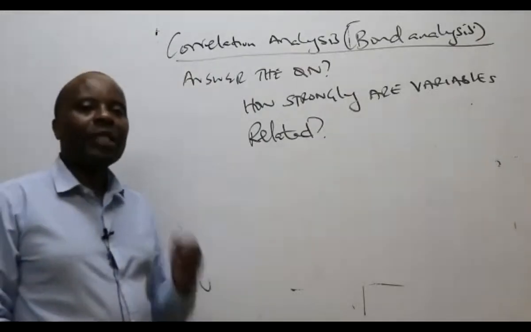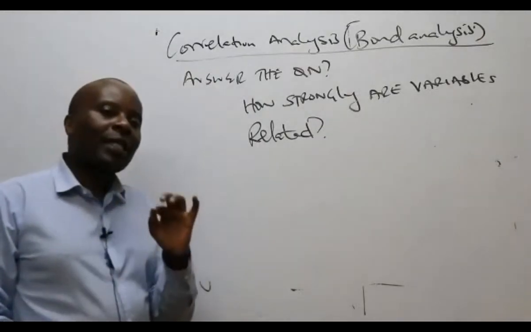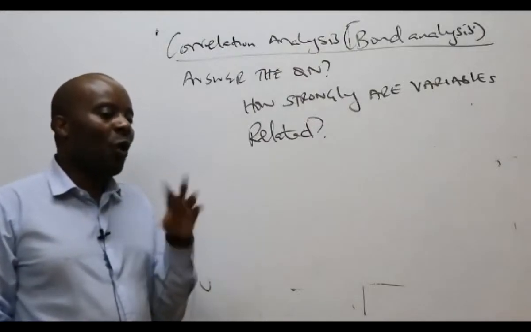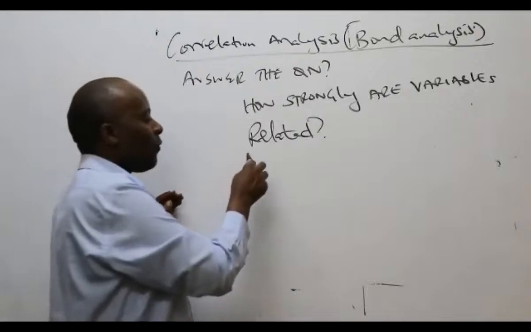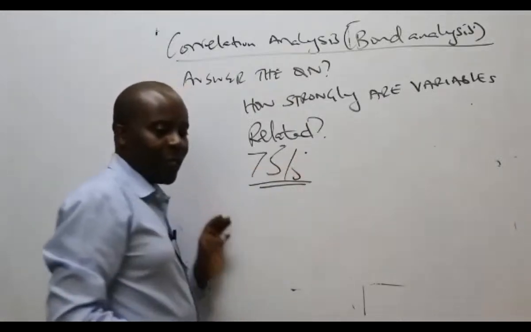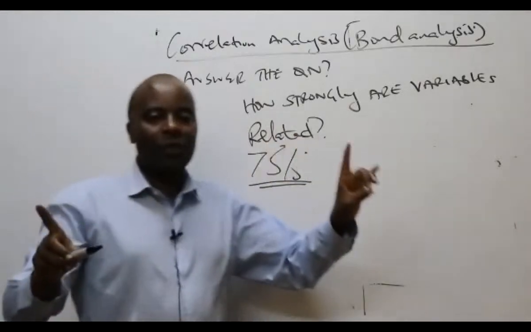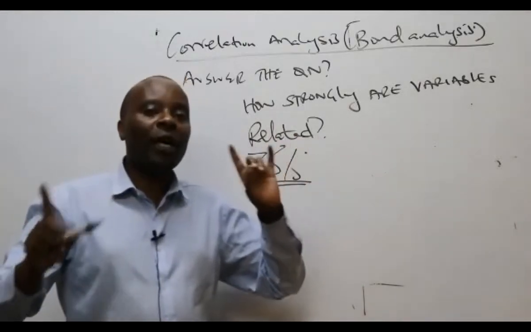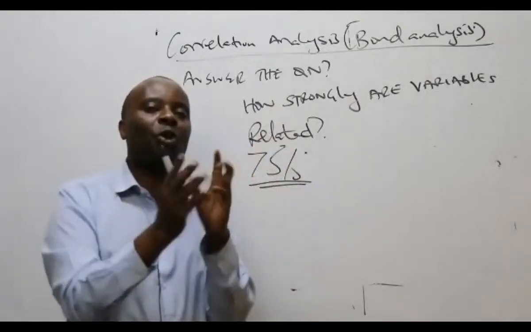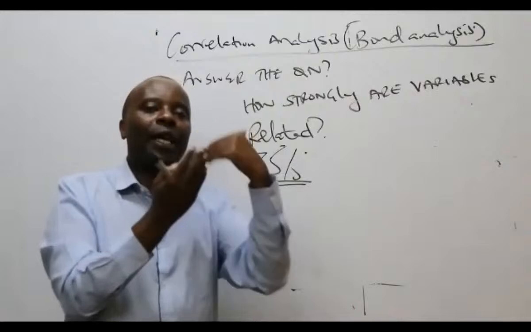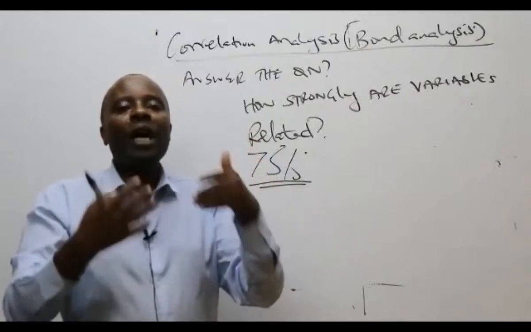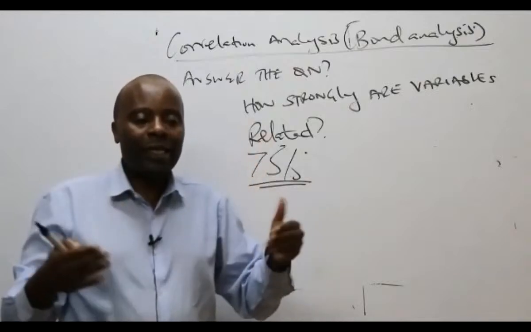And we shall see that for variables that are really related in a very strong way, their correlation coefficient should be what here, somebody? More than 75%. Anytime you have two variables, x and y, with a correlation coefficient between them of at least 75%, then we say those two variables are strongly related.